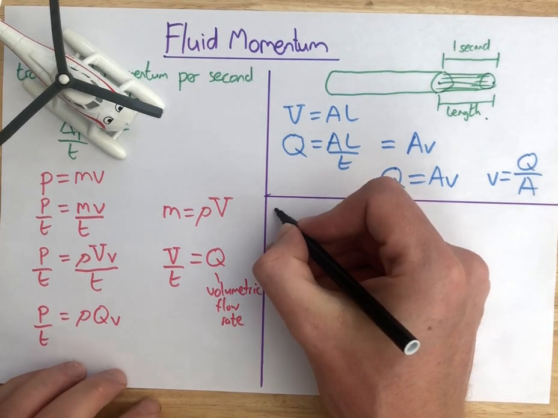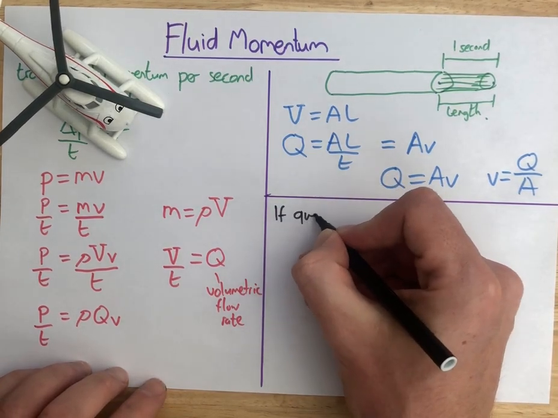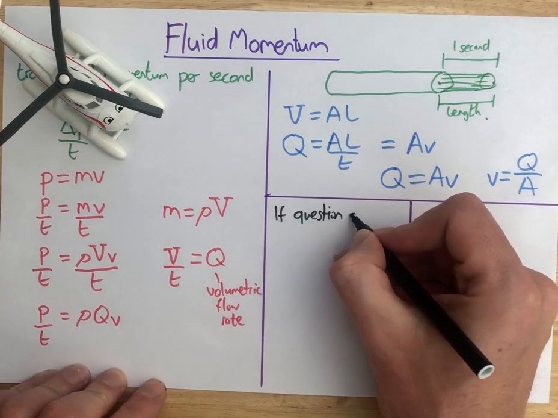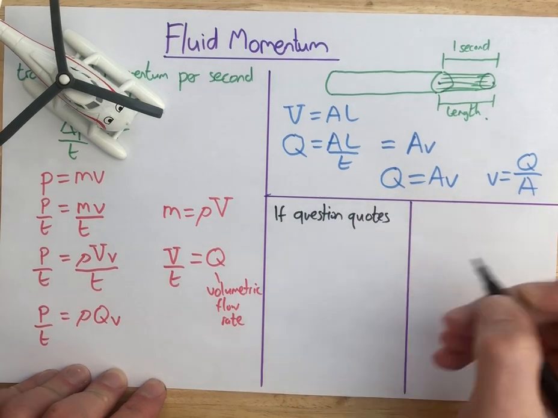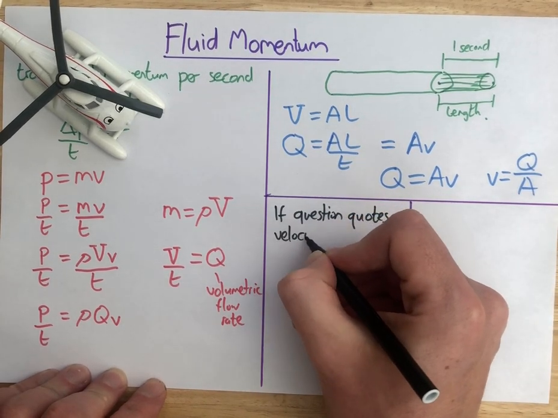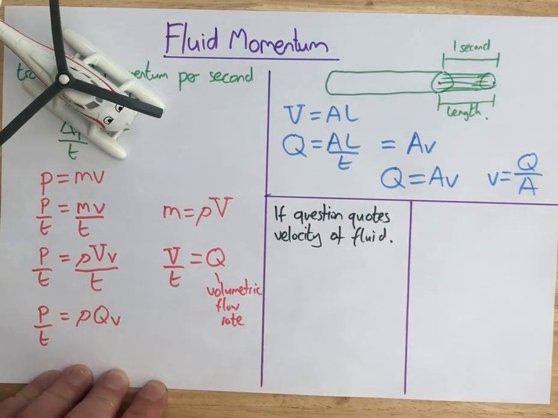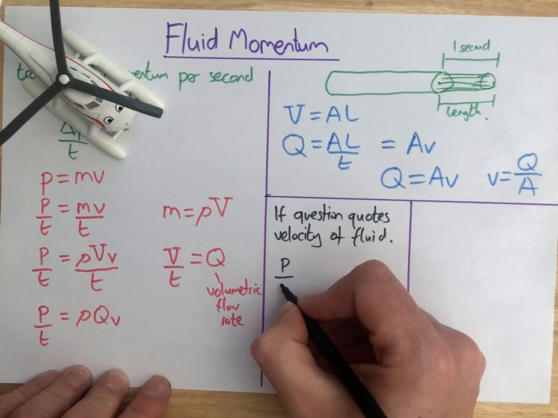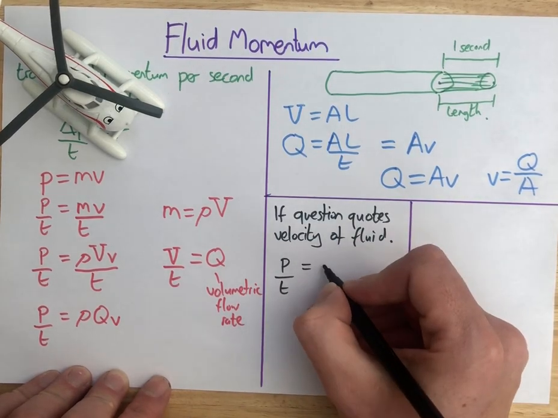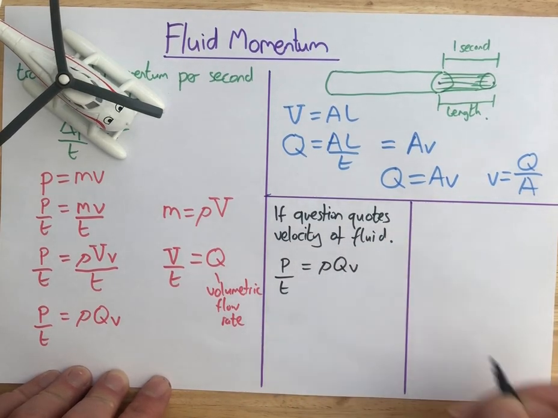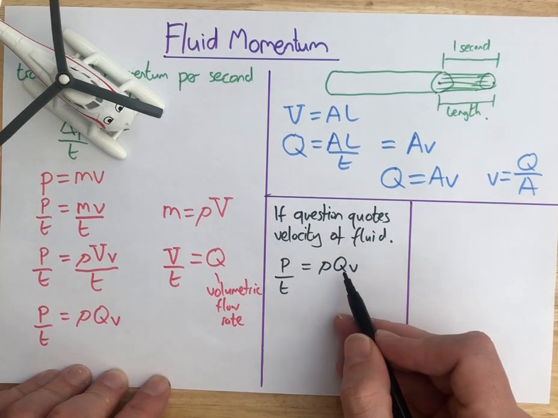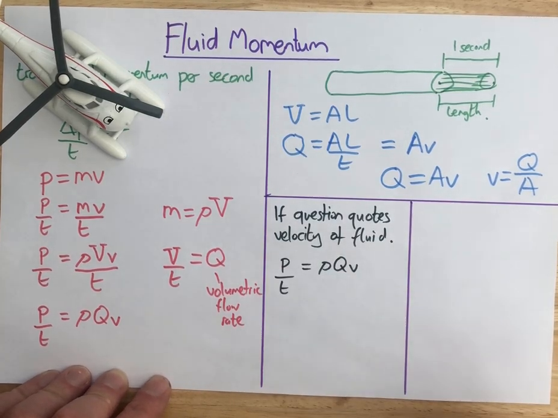So if the question quotes velocity of fluid, we know that momentum per unit time is rho Q v, density, volumetric flow rate, velocity.